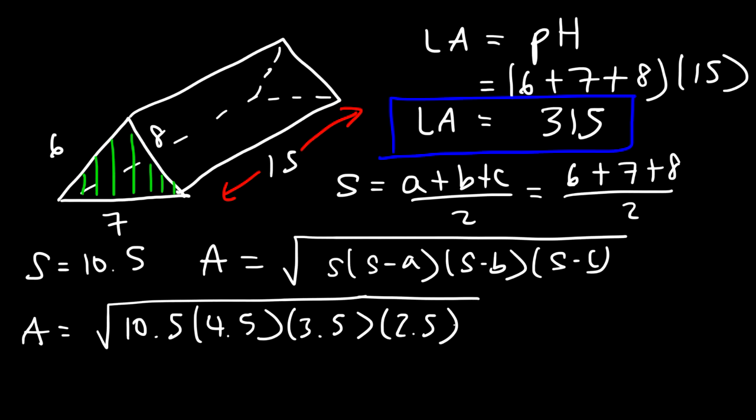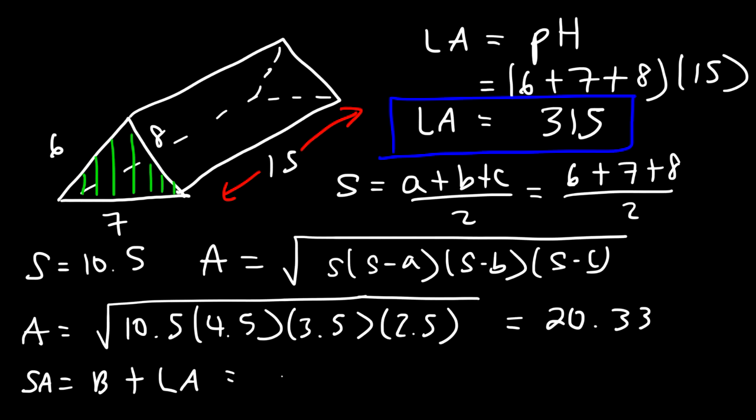So go ahead and type that in your calculator. And then take the square root of the result. So the area is 20.33 square units. And that's just for one triangle. So the total surface area is going to be the area of the base plus the lateral area.